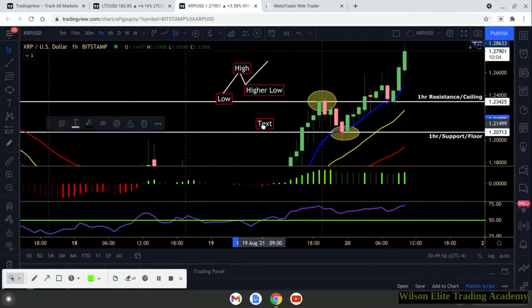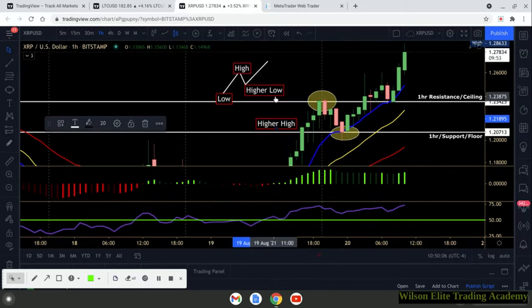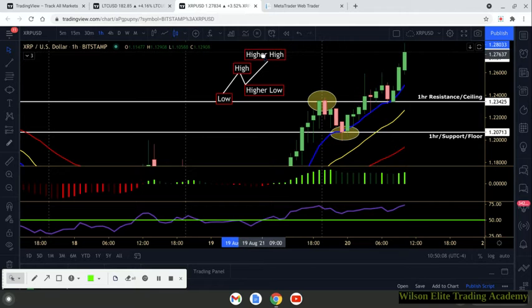So when that happened, price was like, okay, we want to stay in trend. So guess what it did? It then made what you consider a higher high. Right here. And this is what you consider an uptrend. Price will start with a low, push to make a high.